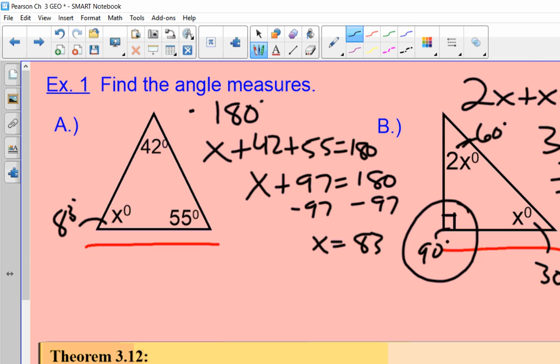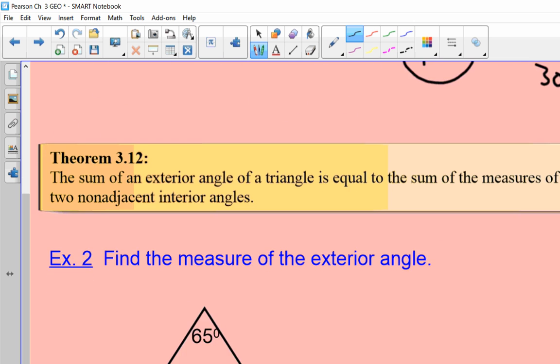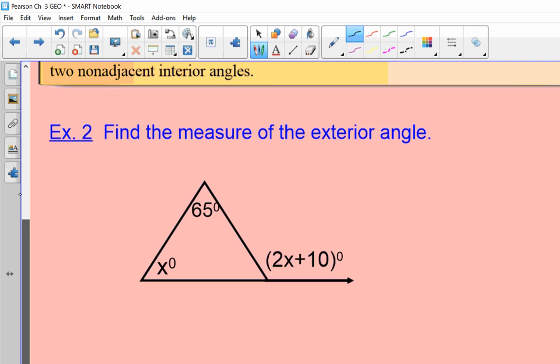Okay. All right. If we get down to this theorem here, don't worry about the number. If you could write this down, though, this is a pretty good one, too. This one seems to kind of mess kids up a little bit, but hopefully I can explain it to you in a way that you'll understand it. Okay, sorry about that.